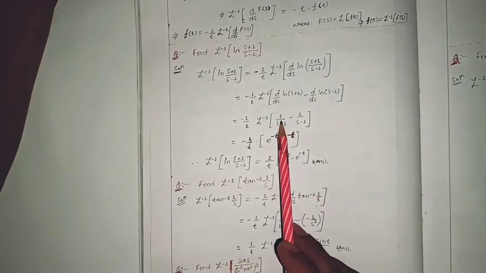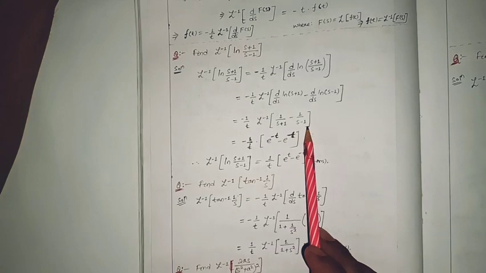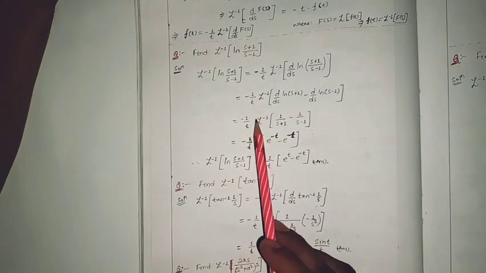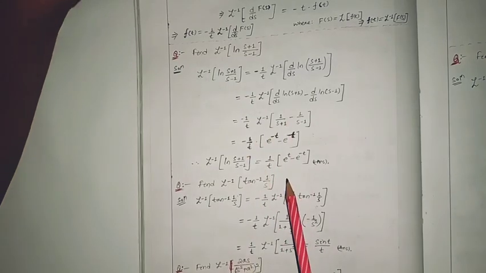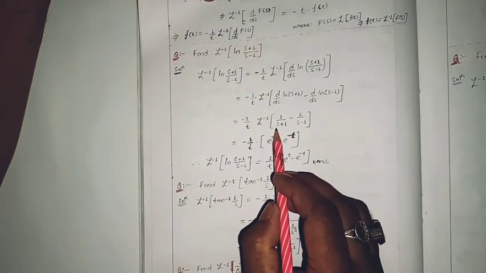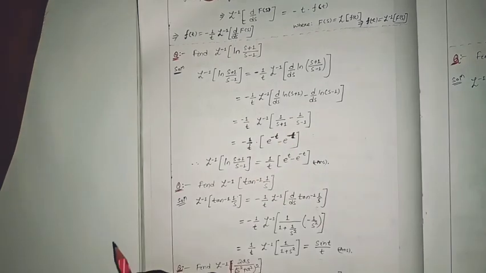The derivative of this is 1 by s plus 1, and of this 1 by s minus 1, so minus 1 by t times the inverse Laplace transform of 1 by s plus 1, which is written as 1 by s minus of minus 1.